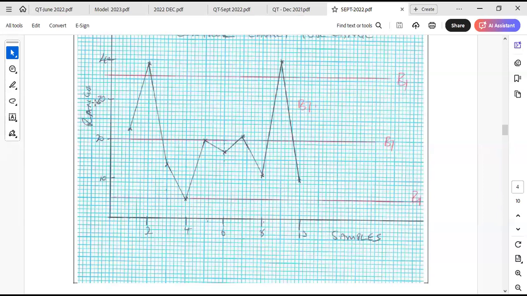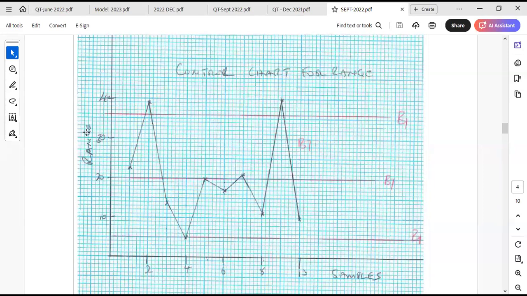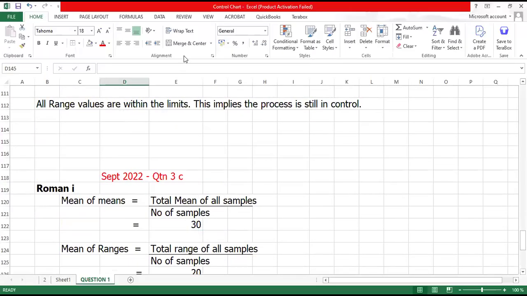Then on the vertical axis, when you're coming up with a scale, always look at your upper limit, the range values, and then also the lower limit. This time we are given the range values direct.